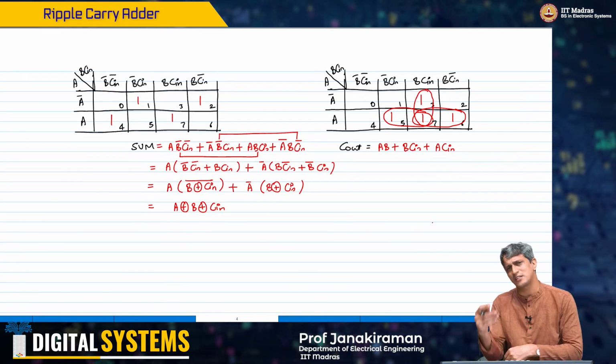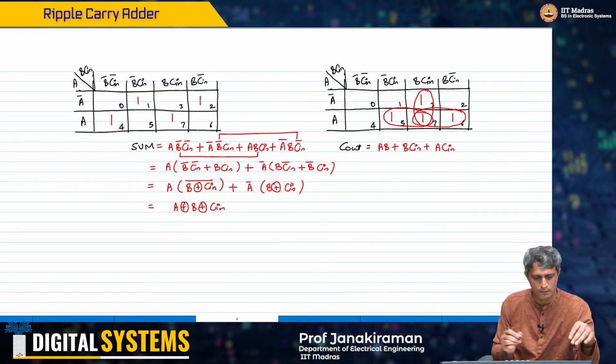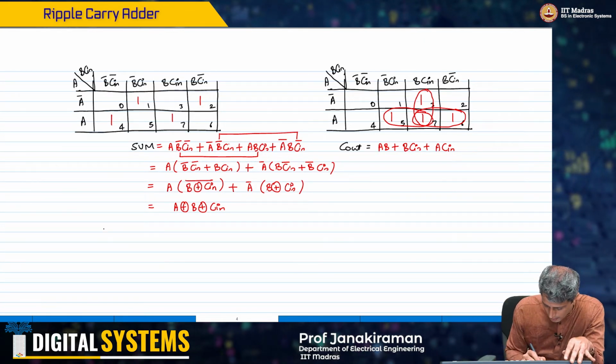So this is a very nice representation using the XOR operation that we got. Let us look at implementing this particular circuit with the following standard cells.